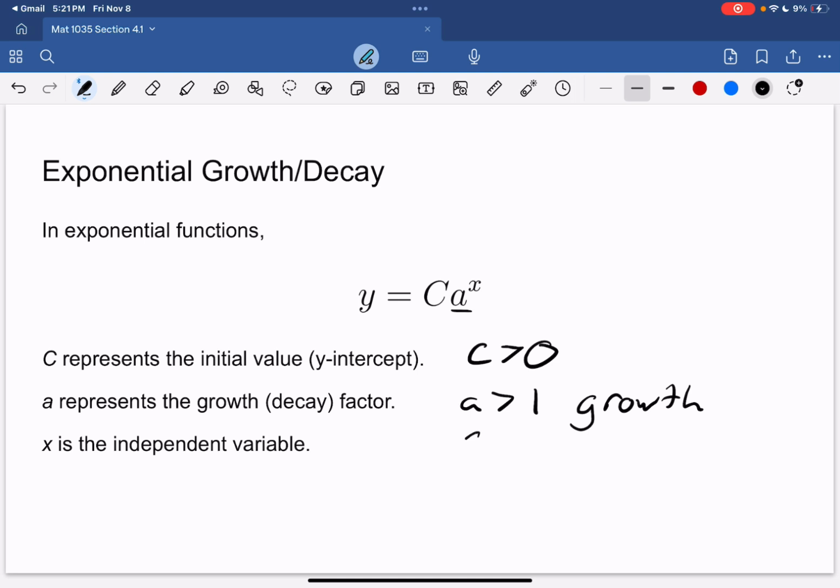If a is between 0 and 1, so notice a will not be negative, then we have decay, because we're essentially dividing at each step as opposed to multiplying. And then the independent variable will be x. We'll change that in and out. It could be t a lot because we'll talk about functions of time, but we'll get into that in 4.2.